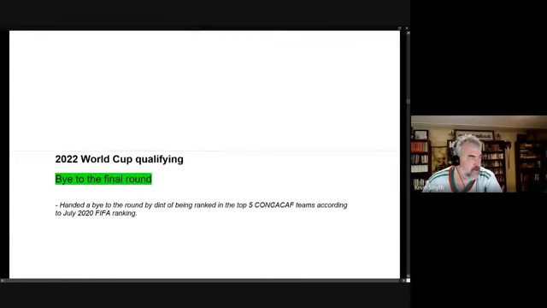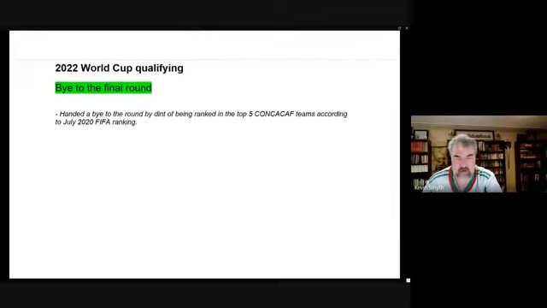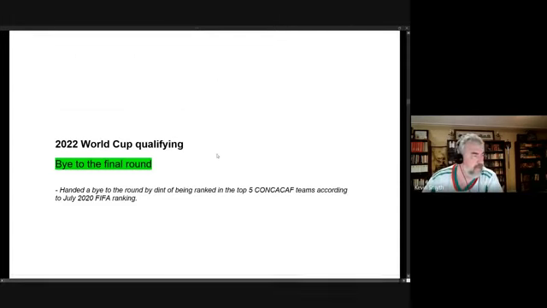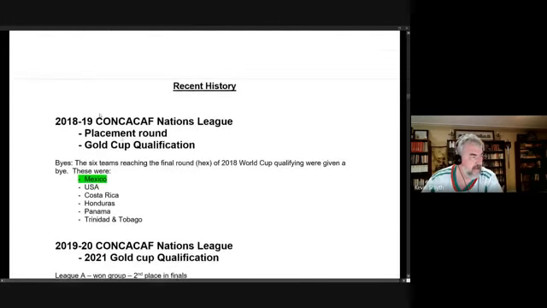Okay, and let's move on to the 2022 World Cup qualifying campaign. That's my part. Well, this is pretty easy. They received a bye to the final round, and that was actually in the 2018-19 CONCACAF Nations League. That was based on the 6 teams who made the final round of the World Cup qualifying, known as the Hex.